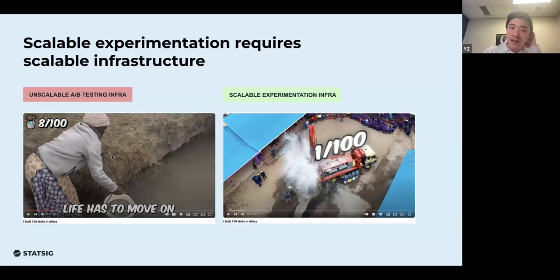So on the left, it's really a good analogy of traditional A/B testing. A/B testing is easy. A/B testing is just setting up the treatment group and control group. But if you do it for every product change, you are just fetching water from a pond. You don't have the infrastructure to support scalable experimentation.